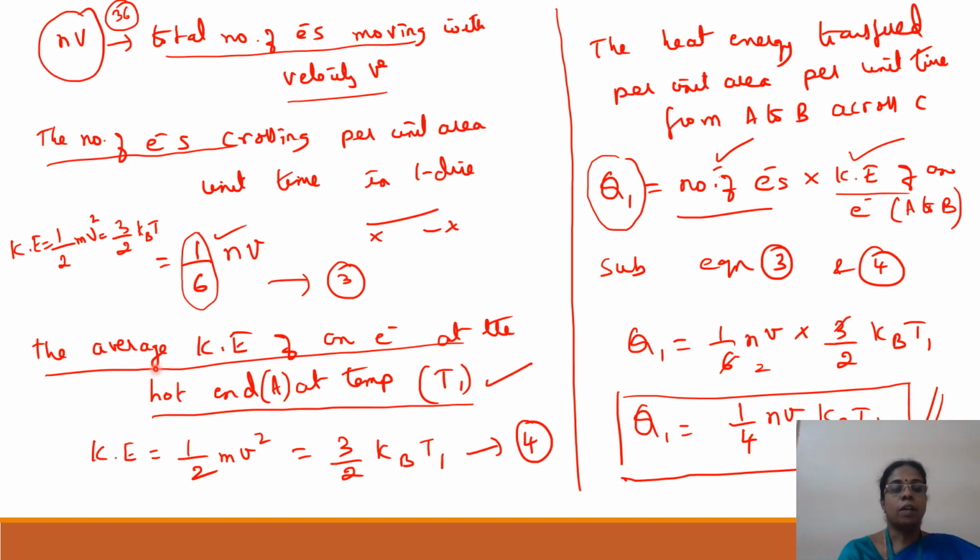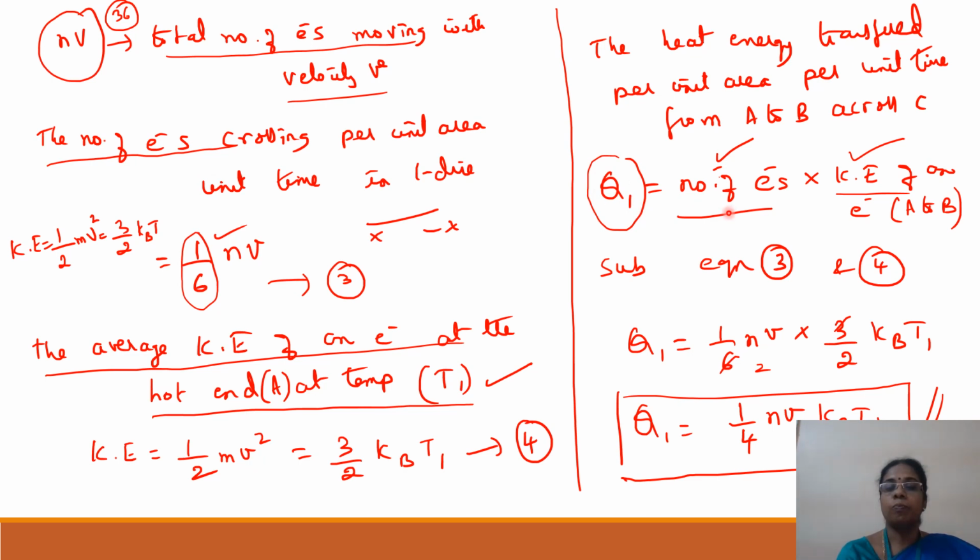Now next, the average kinetic energy of an electron at the hot end at the temperature T1 is equal to half mv square is equal to 3 by 2 kB T1, where T1 is the temperature of the hot end. Let this be expression number 4. Then the heat energy transfer per unit area per unit time from A to B across C is given by the formula. I am going to take this energy as Q1.